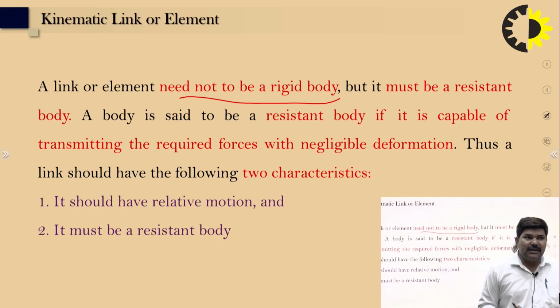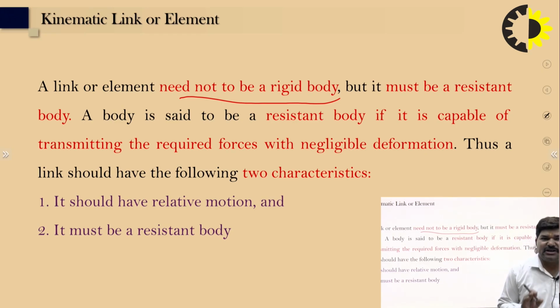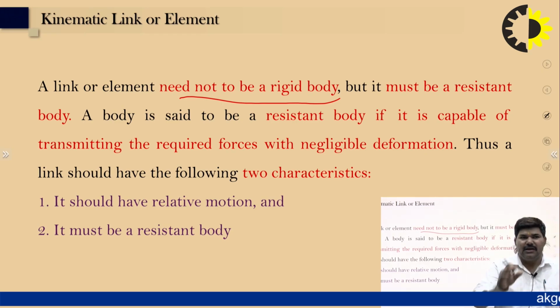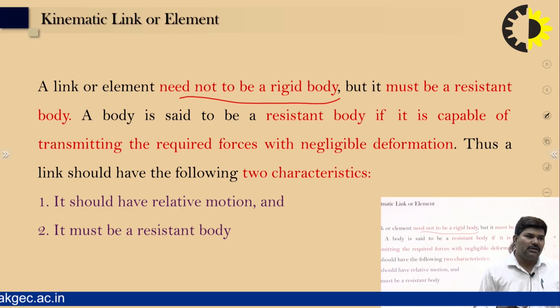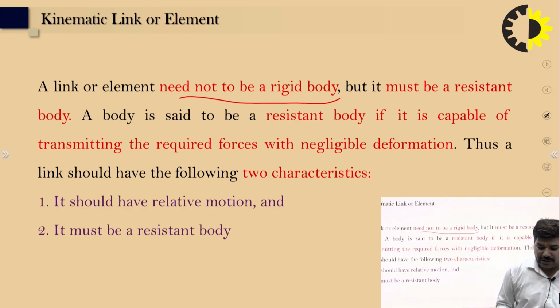The kinematic link must be a resistant body, which is capable of transmitting the required force with negligible deformation. During this transmission of force, the deformation is negligible. The two main characteristics of the kinematic link are that it should have relative motion, and it must be a resistant body.